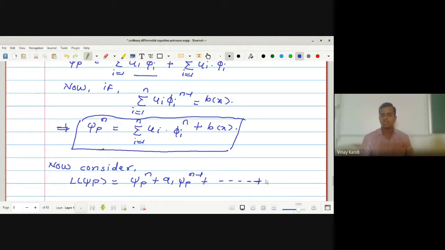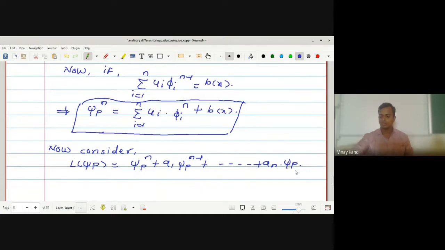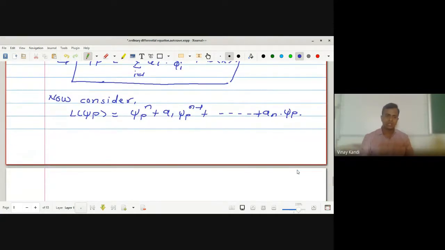At last what we get, an into ψp. Okay, so what is the value of ψp raised to n? Summation i running from 1 to n ui φi raised to n plus p of x plus this a1 as it is. Okay, so this is L of ψp.